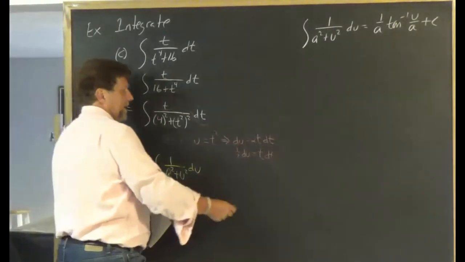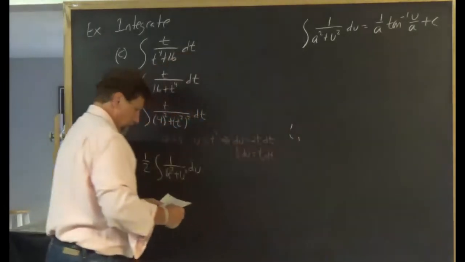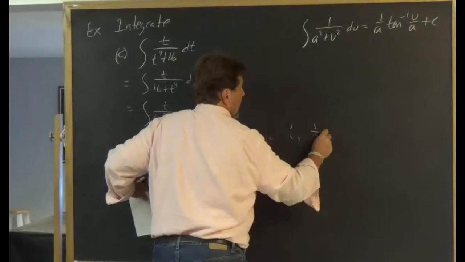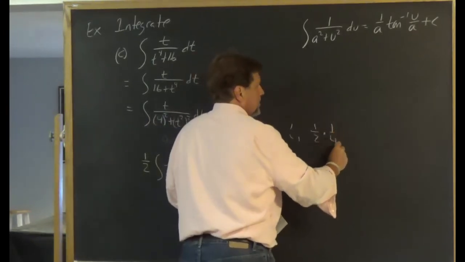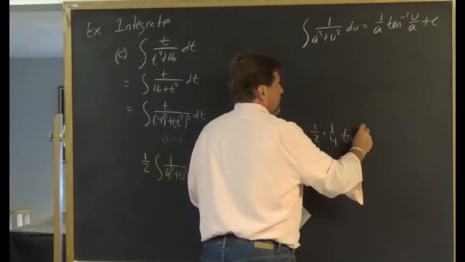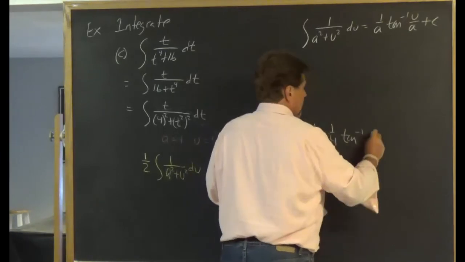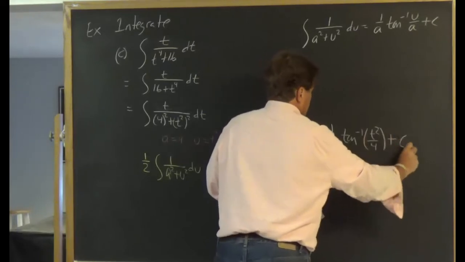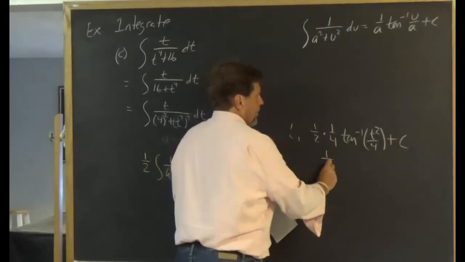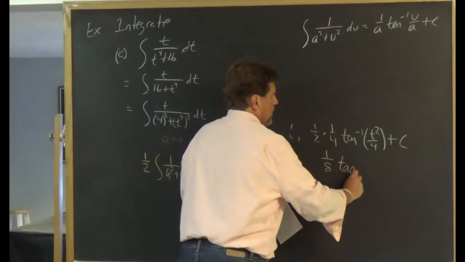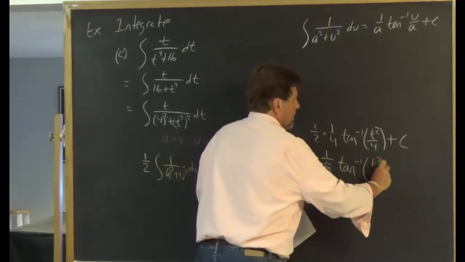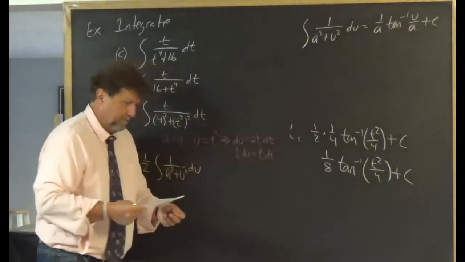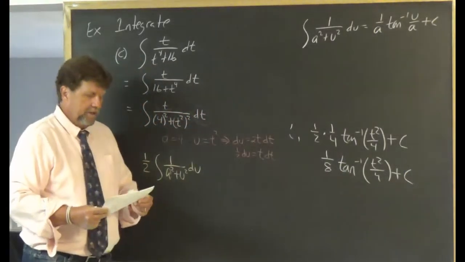So we get the antiderivative to be 1/2 times 1 over a, that's 1/4, inverse tangent u over a, t squared over 4, plus c, or if you prefer, 1/8 inverse tangent t squared over 4 plus c. And that's all there is to part C.